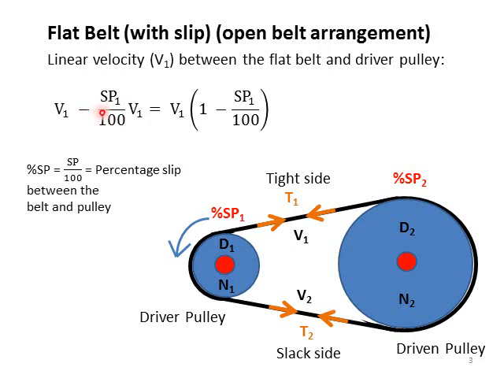As we know, a percentage can be calculated by dividing the value by 100. So here is the explanation. Velocity V1 will be subtracted by SP1 by 100 into V1. Taking V1 common, inside the bracket the terms will be left as 1 minus SP1 divided by 100.